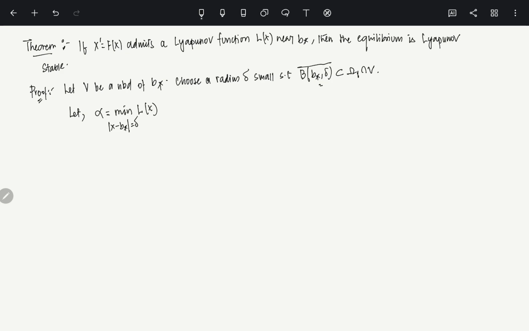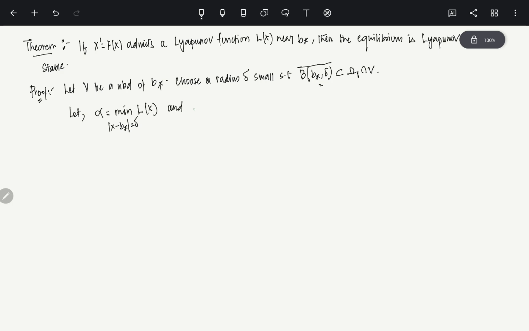Why does it exist? This exists because L is assumed to be continuous, right? So a continuous function on a compact set assumes a minima. So that's your alpha, right? One second. I hope this is fine, what I wrote. Continuous function. Yeah, fine.